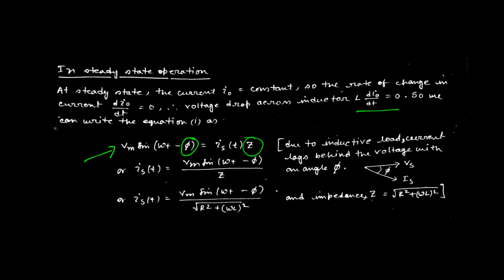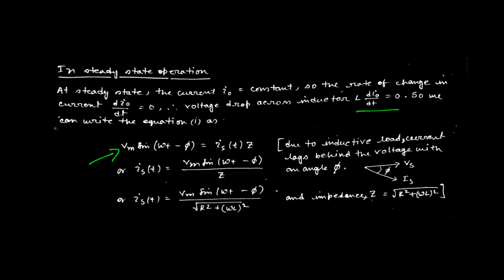Due to the presence of L, the current lags behind the voltage by an angle phi. Also, due to the presence of the RL load, we should calculate the impedance, defined by the square root of R squared plus (omega L) squared. As the current lags behind the voltage, we can write Vm sin(omega t minus phi) equal to i into Z, where Z equals the square root of R squared plus (omega L) squared.